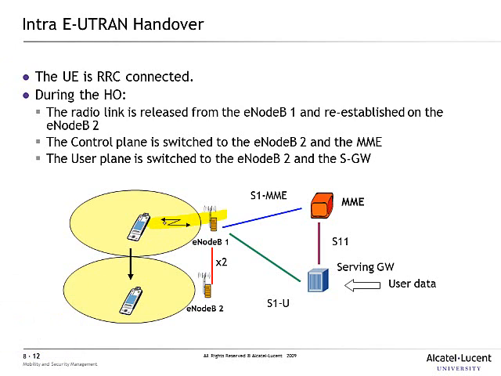Okay, so there's a connection there, and at the same time it's got a signaling link to the MME, and it also has a data plane S1-U link to the serving gateway.